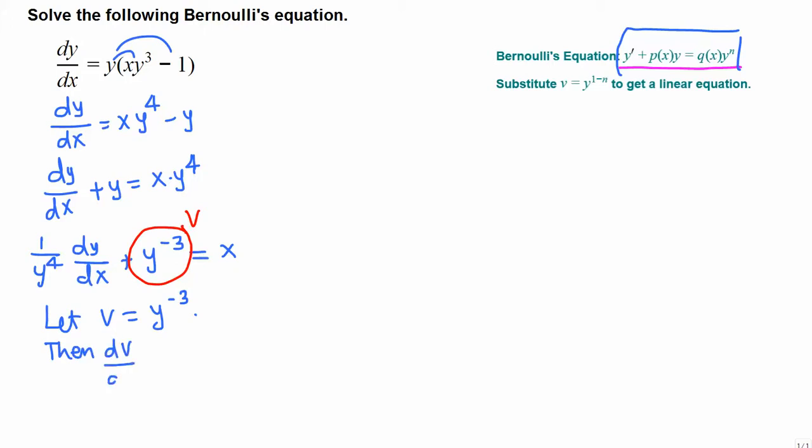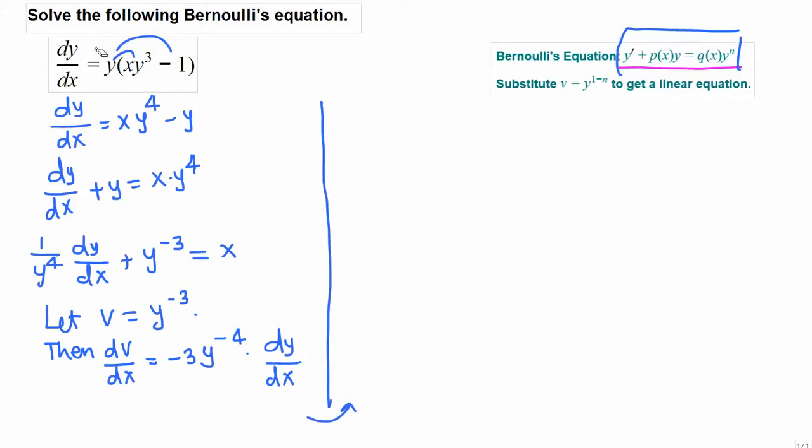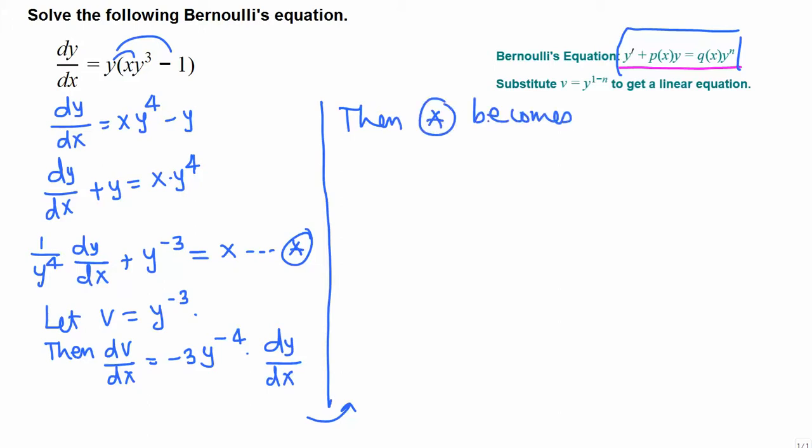Then dv over dx is, by the power rule, n y to the n minus 1 times the derivative of y, dy over dx. Now with this substitution, this equation, for future reference we could call it star, becomes 1 over y to the fourth times dy over dx.